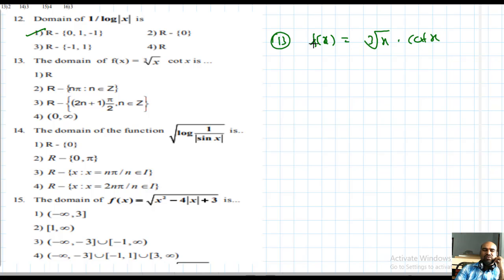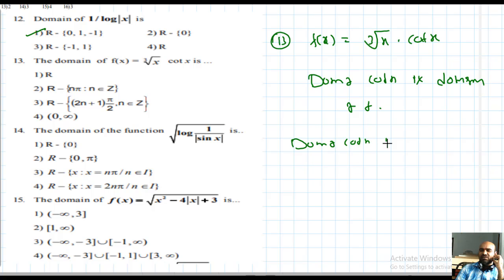That's the domain of the total function. Understood? So what is the domain of cot x? You know that the domain of cot x is all real numbers except the angles of the form n pi, x not equal to n pi, where n belongs to Z. So this is the domain of cot x, that only is the domain of the function. Where is that? Second option.